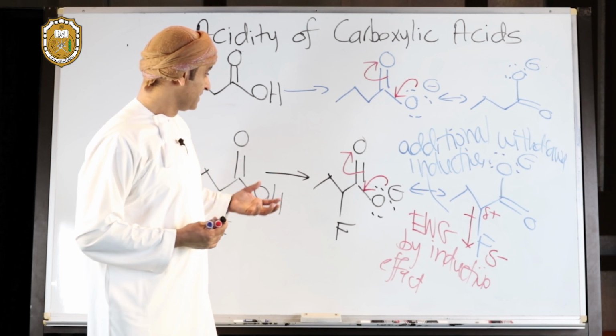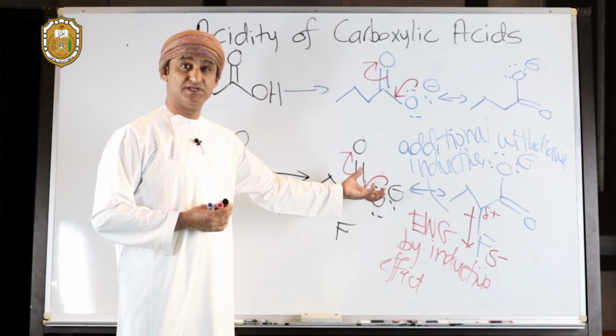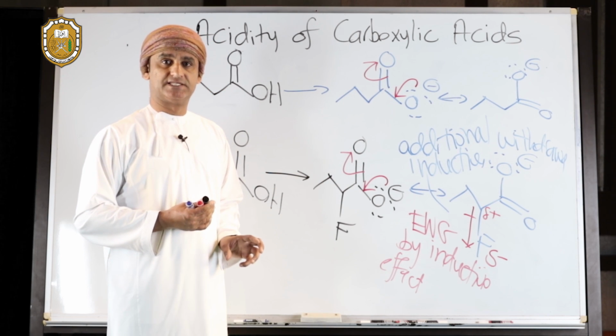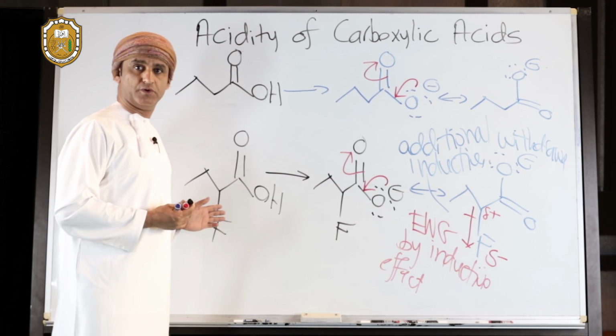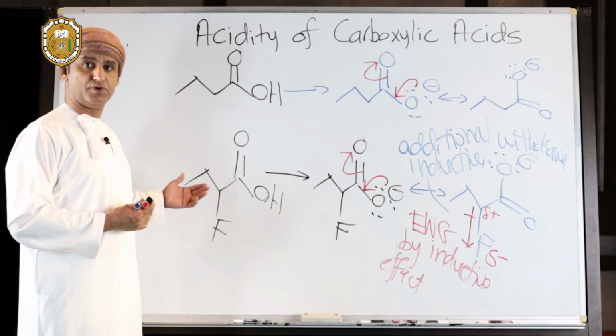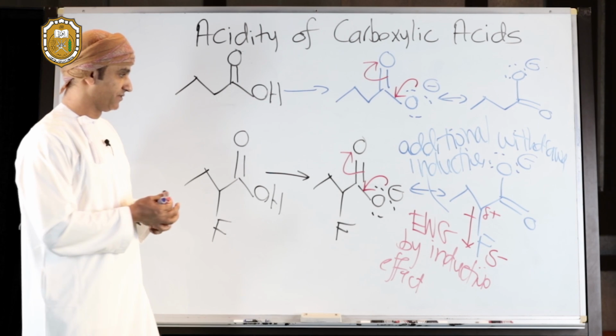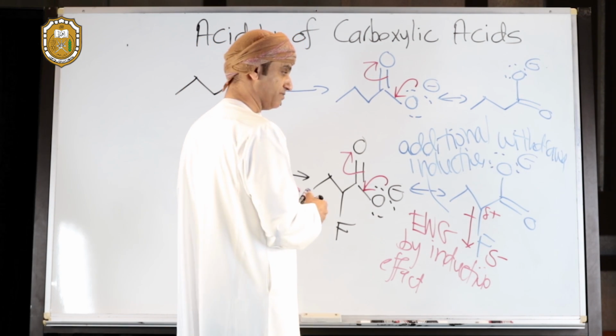As a result, this carboxylate is actually more stable than the butanoate itself. Therefore, 2-fluorobutanoic acid is more acidic than butanoic acid itself. So this conjugate base, therefore, is more stable.